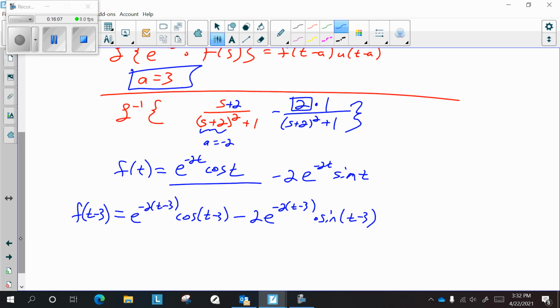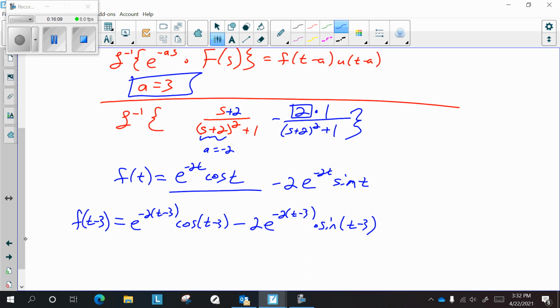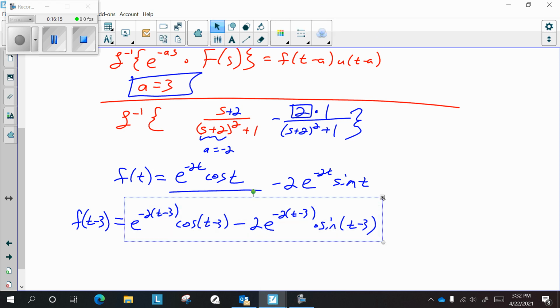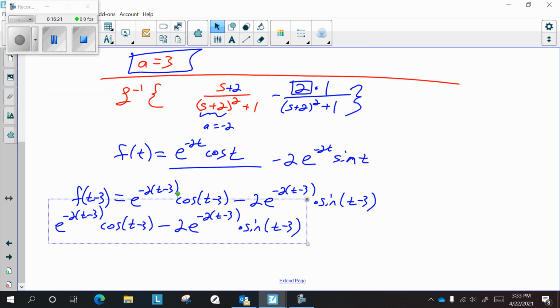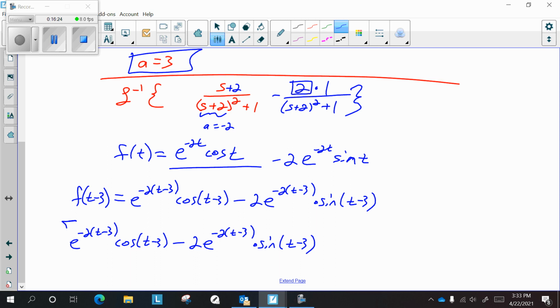So that's f of t minus 3, and then all of that gets multiplied times u of t minus 3. So we could just copy this. So our final solution is that times u of t minus 3.